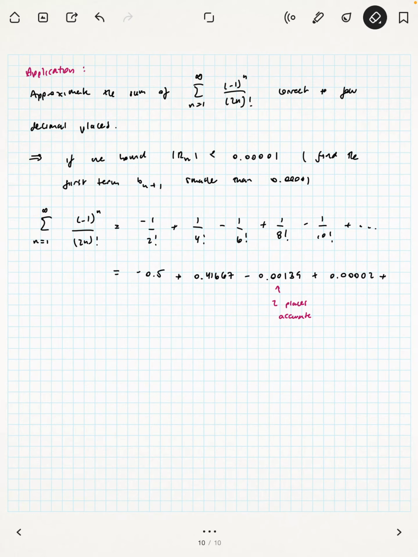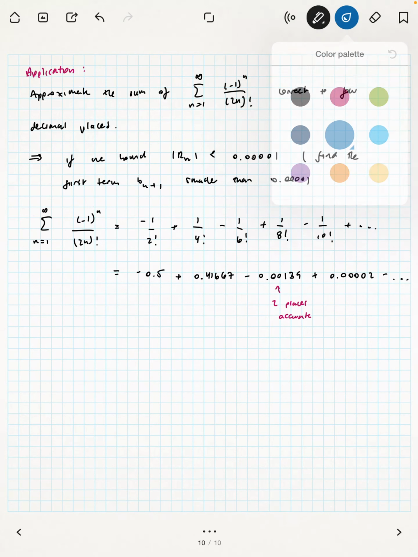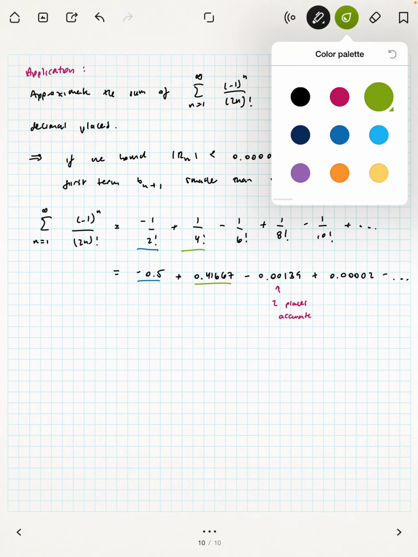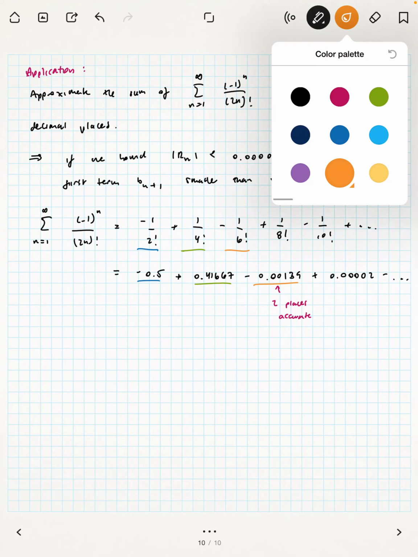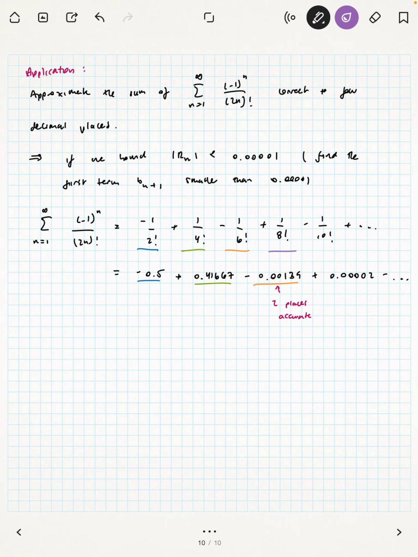Okay, let's go out further. Plus 0.00002 minus, okay, we don't need to go any further. So just to clarify what we did here. This term is this term. This term is this term.